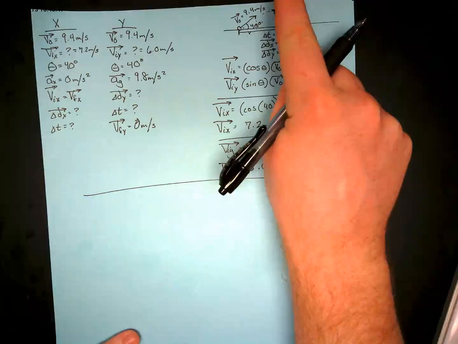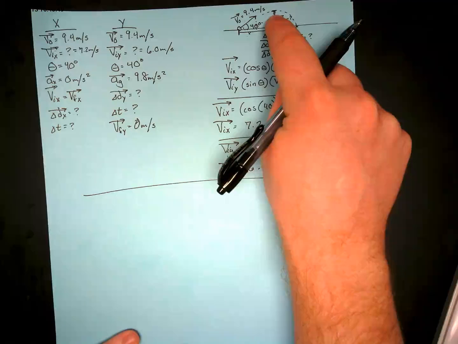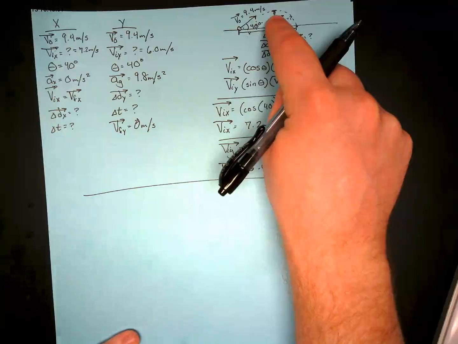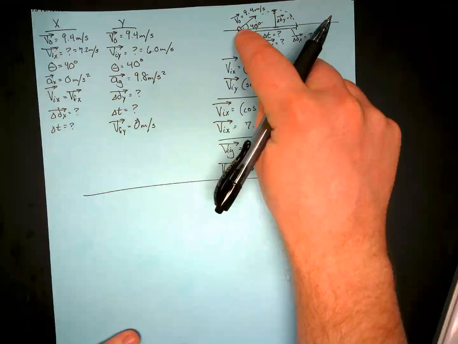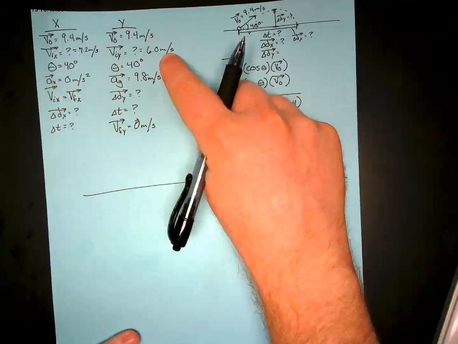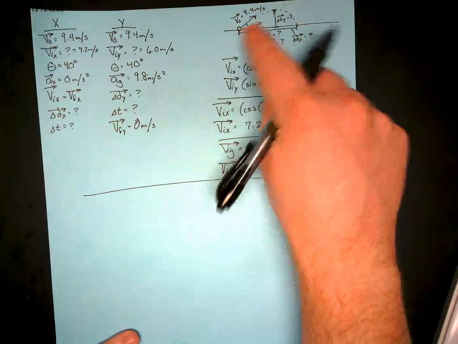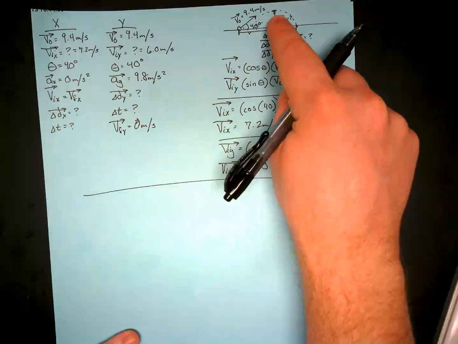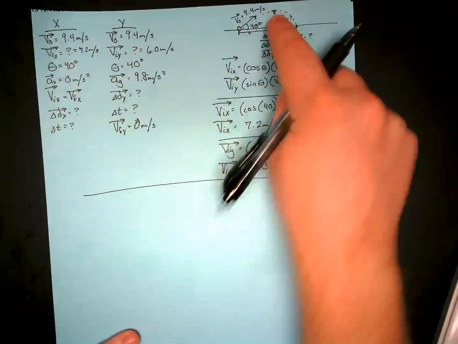And this is where you've got to really keep things straight in your head, because this is where it gets tricky. Again, our initial velocity is going to be 6 meters per second at the time it's kicked. It's going to be 0 meters per second at the time it reaches its maximum height. So we're going to use those.